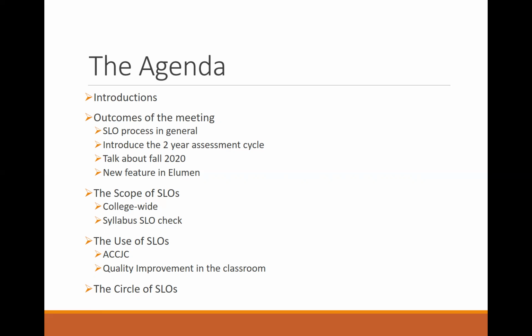And so one of the things that we have to do is make sure that the SLOs are on the syllabi. And that's an accreditation standard that we have to abide by. So I think you all have had Angela Eldridge contact you saying that she wants your syllabus. And usually you submit it, and then it says your syllabus has been submitted, and then it says that your syllabus has been approved.